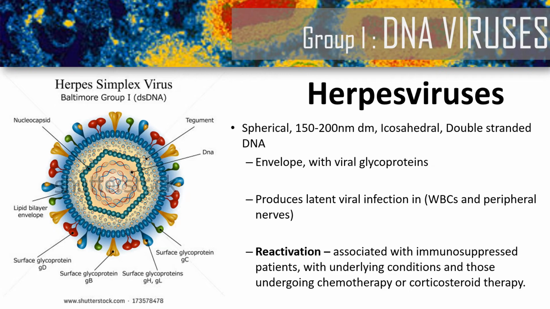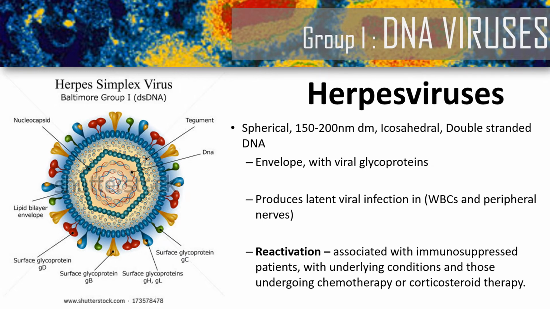One example of this, class, is varicella zoster virus, which is the causative agent of chickenpox. So for example, nagka-chickenpox ka nung bata ka. Pag nagka-chickenpox ka ng bata ka, naka-recover ka, possibly the virus, varicella zoster virus, has latency in your body.